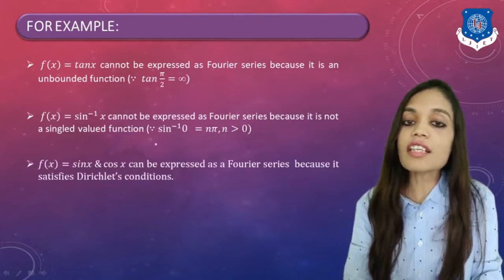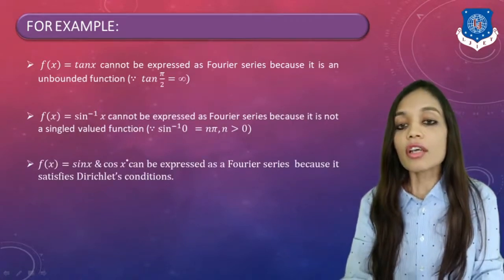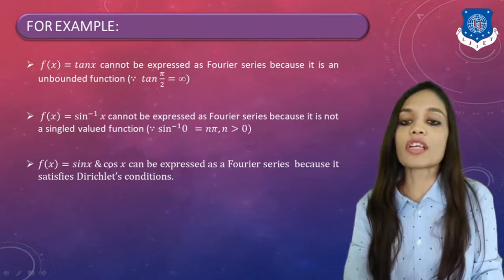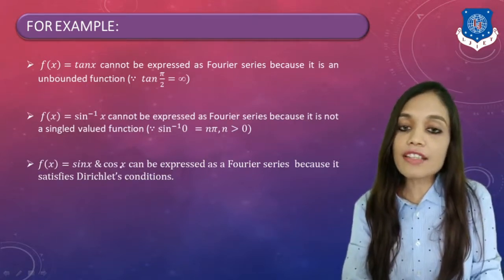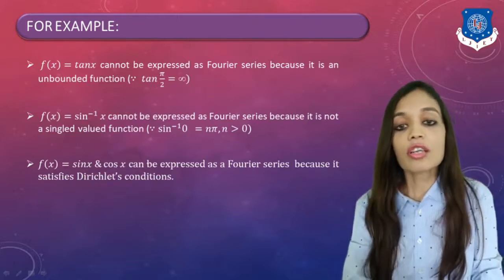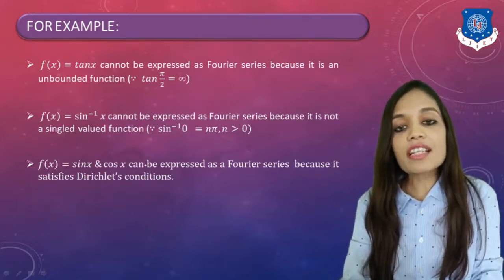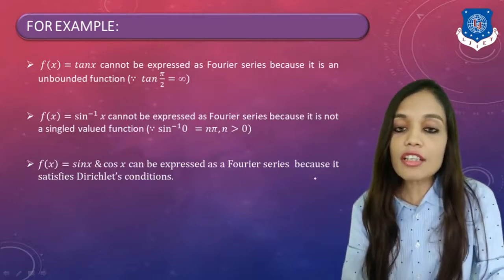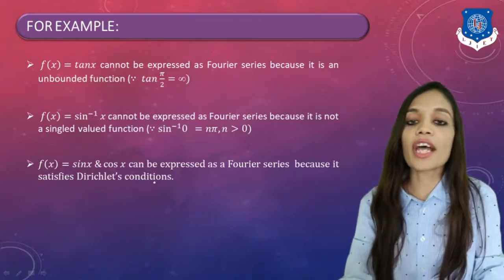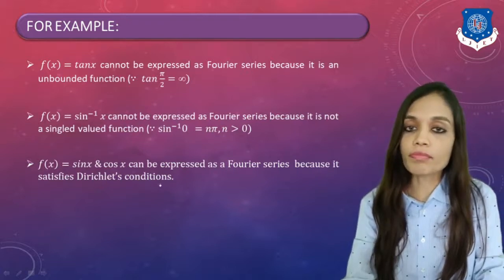Now let us see examples of functions which can be expressed as a Fourier series. The functions sin x, cos x, and polynomial functions expressed in a bounded interval can be expressed as a Fourier series because they all satisfy the Dirichlet conditions.